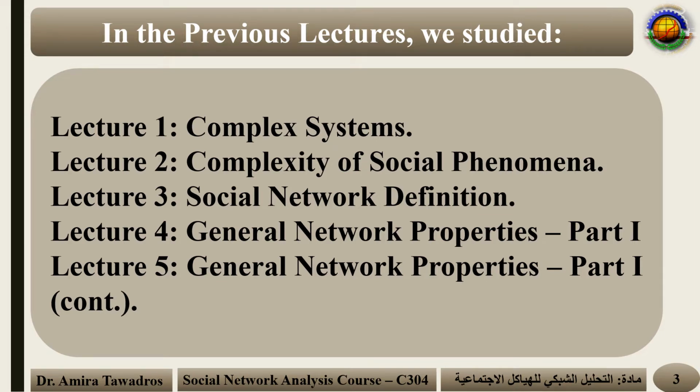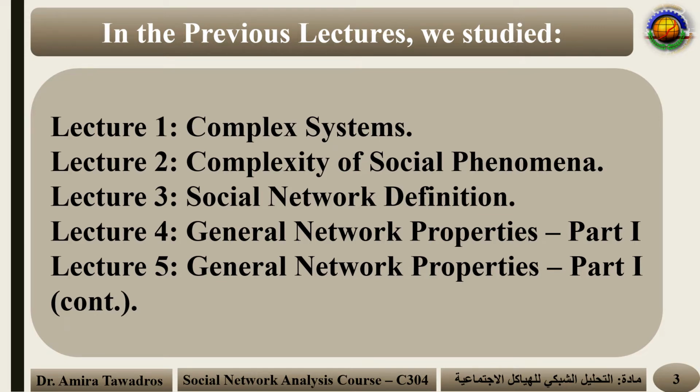In lecture 3, we defined a social network as a social structure made up of individuals and organizations, which are called nodes. These individuals or organizations and these nodes are connected together by one or more specific types of ties, and these ties are called edges.